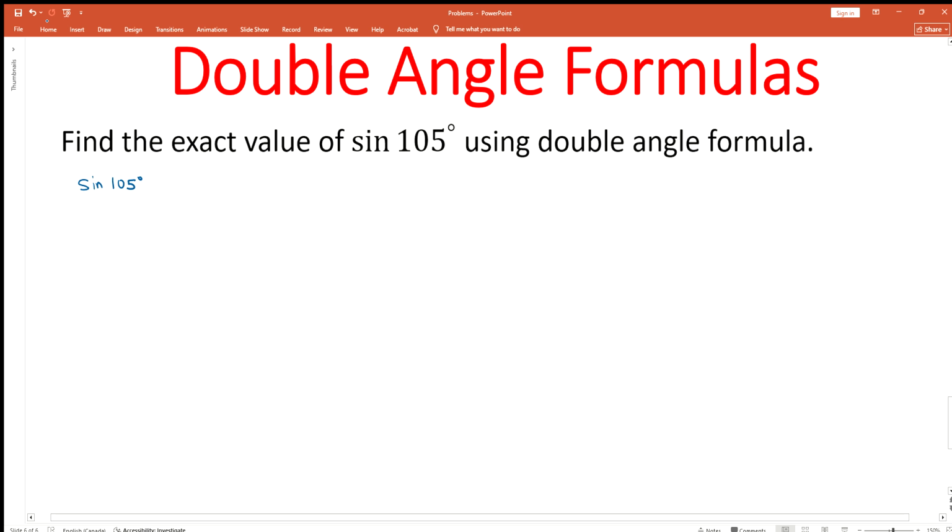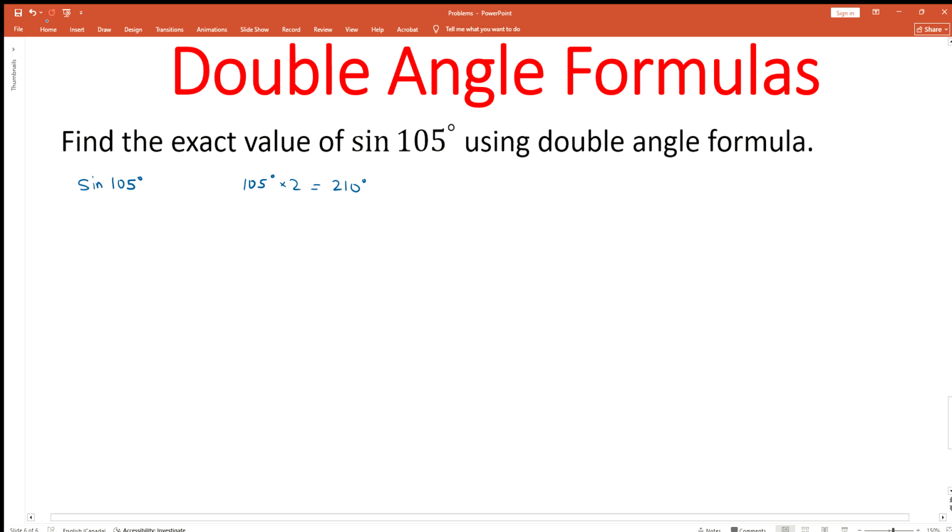Angle 105 degrees is half of 210 degrees. 105 degrees times 2 is equal to 210 degrees, and the angle 210 degrees is on the unit circle.